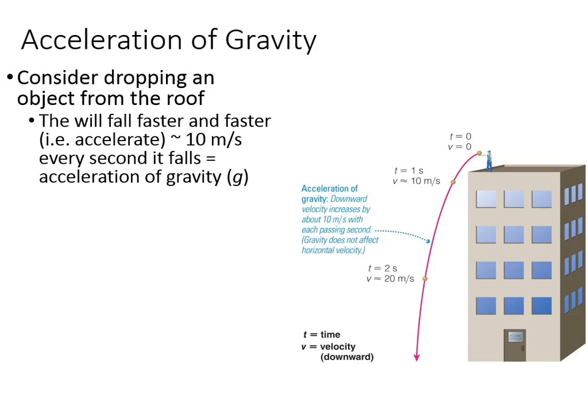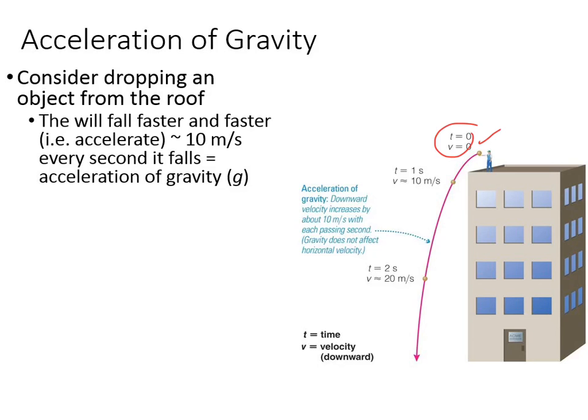Now some of you may have learned this acceleration is 9.8 meters per second for each second it falls, and that's cool. If you round 9.8 up to one significant figure, you get 10. So your book goes with 10 meters per second. That's how it goes faster for every second it falls. That's why this little figure says it starts at 0.